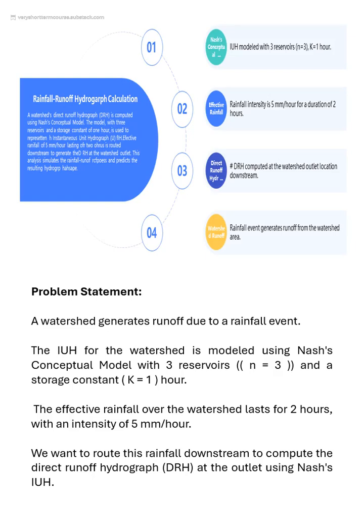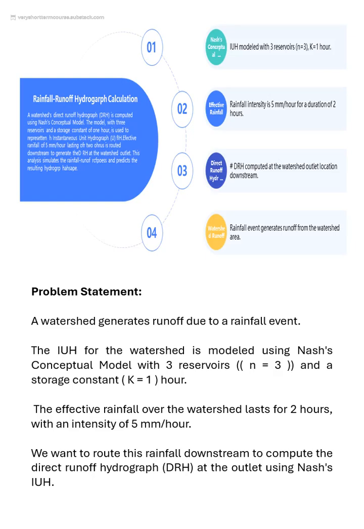The effective rainfall over the watershed lasts for 2 hours with an intensity of 5 millimeter per hour. We want to route this rainfall downstream to compute the direct runoff hydrograph at the outlet using Nash's IUH. So this is the problem.